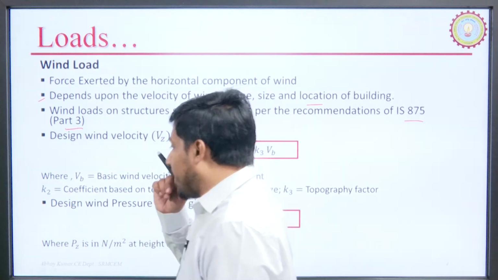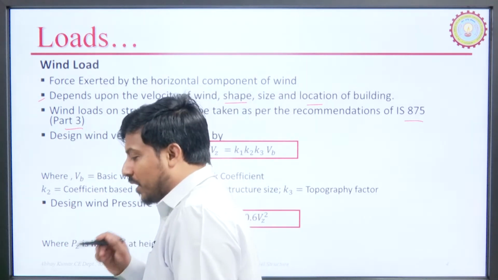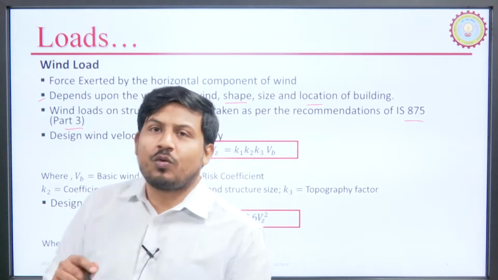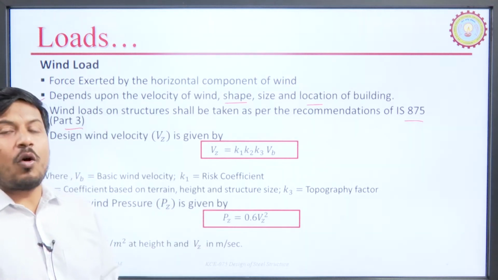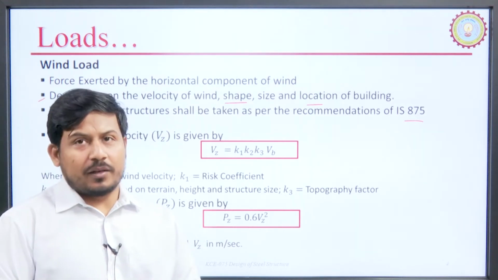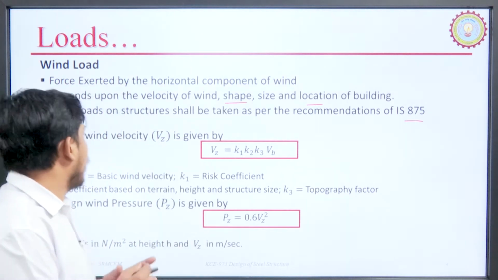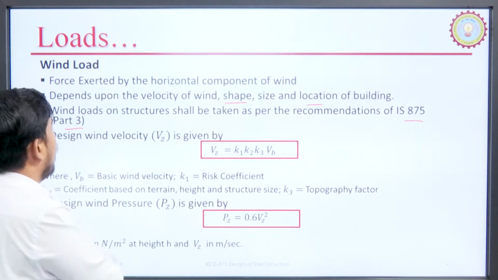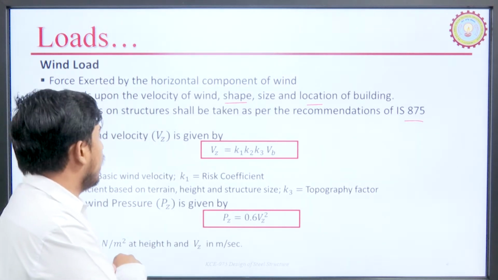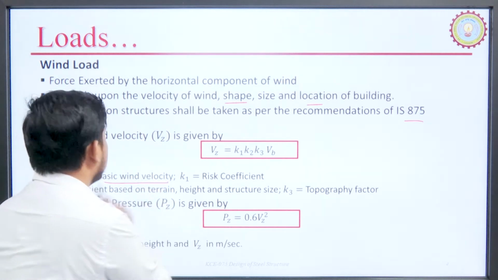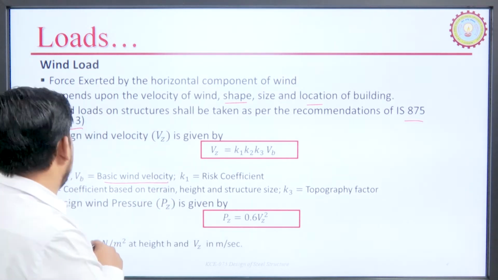Okay, so to calculate the wind pressure on the building, we must know the velocity, okay, or the design velocity on the building which is going to impact. Okay. So, to calculate the design velocity, we must know the basic wind velocity. Okay. What is design wind velocity?